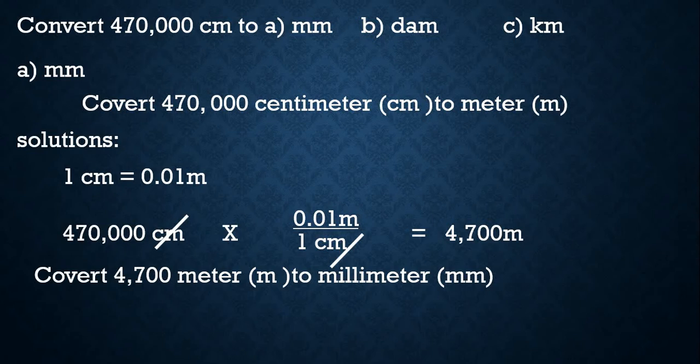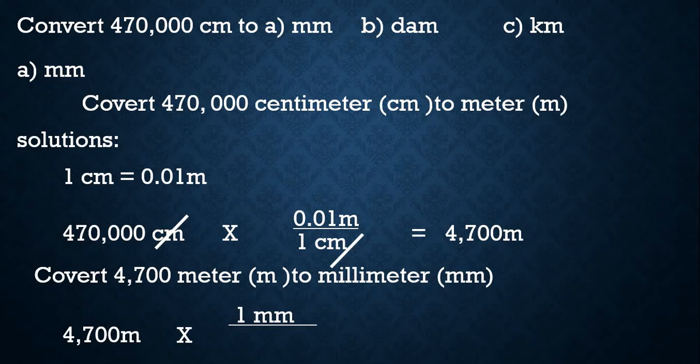Now, let us convert 4,700 meters to millimeter. Our goal is to convert 470,000 centimeters to millimeters. Let us use 4,700 meters and multiply it by the conversion of millimeter and meter. Remember that 1 millimeter is equivalent to 0.001 meter.